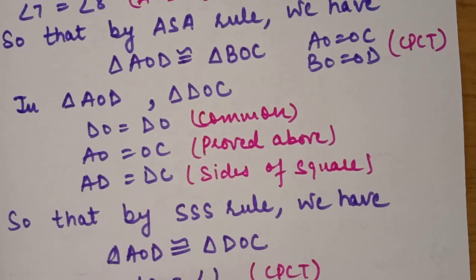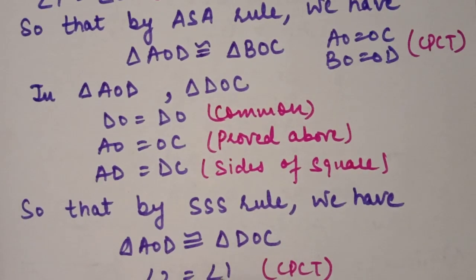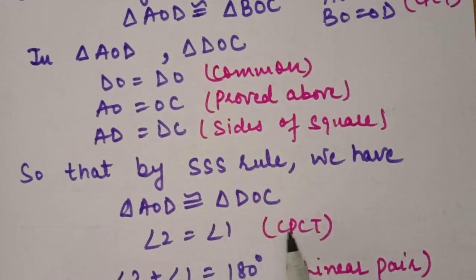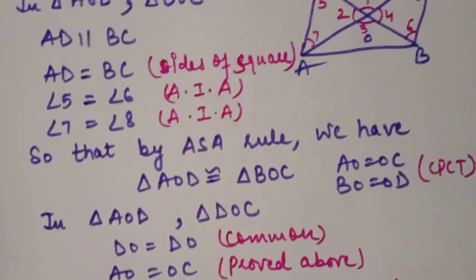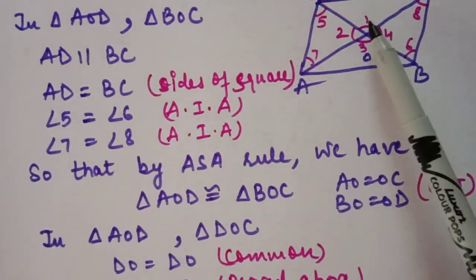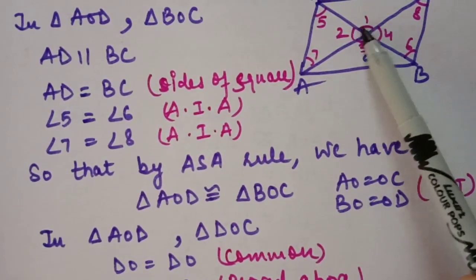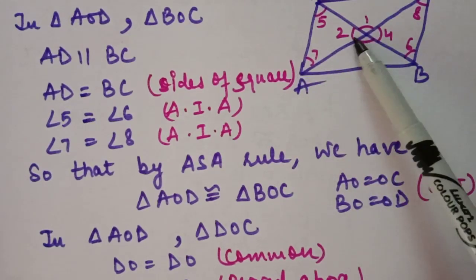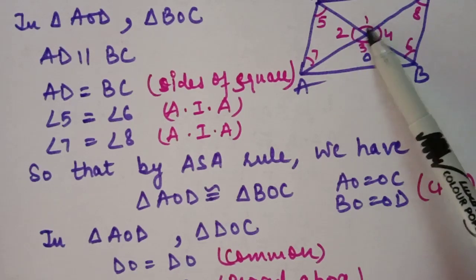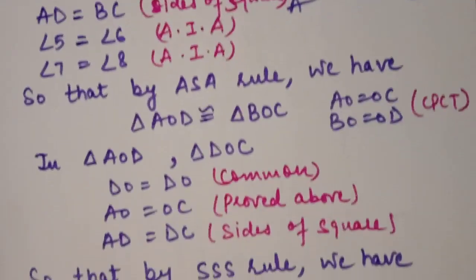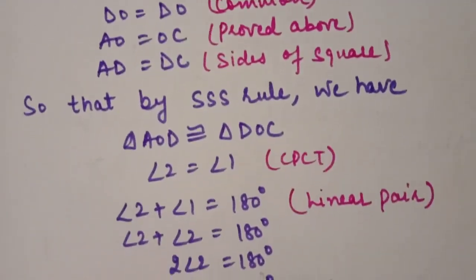By the congruency we can say that angle 2 and angle 1 are equal to each other by CPCT. Angle 2 and angle 1 are present on a straight line AC. They are showing a linear pair. So the sum of these two angles is 180 degree. We have to find the individual value.